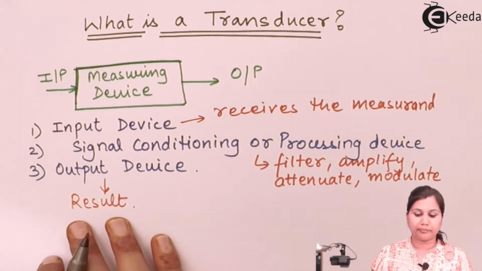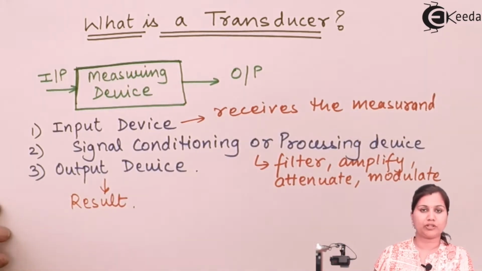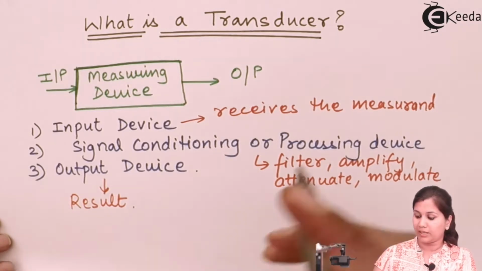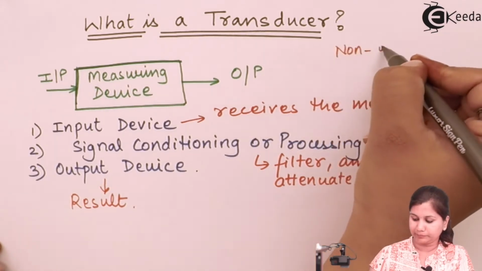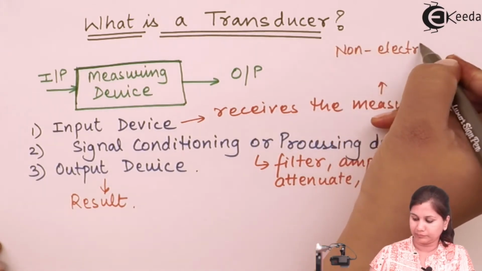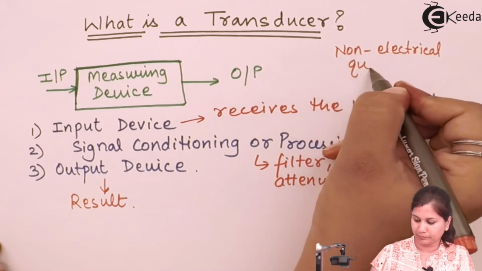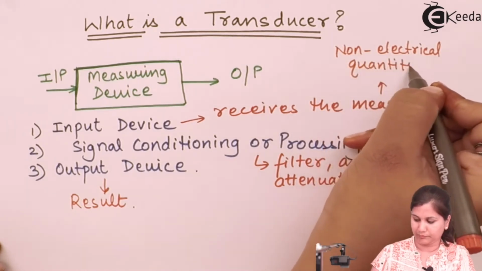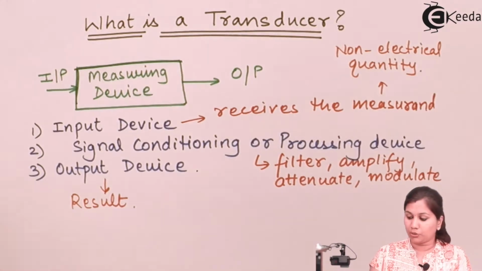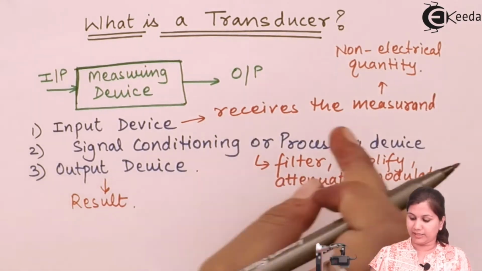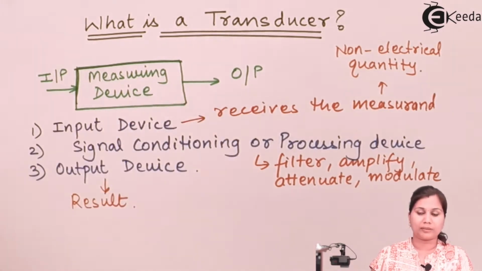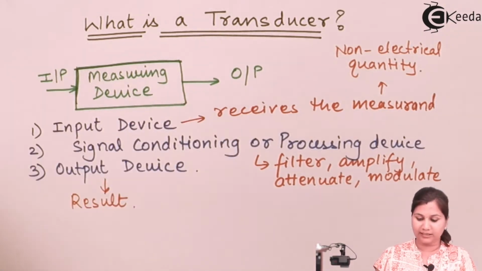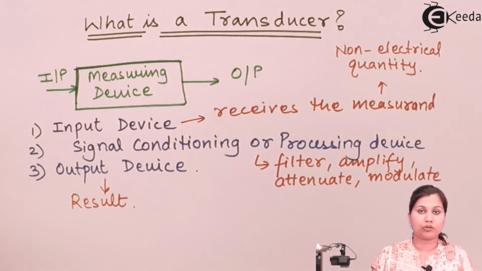In most measurement or instrumentation systems, the quantity being measured is a non-electrical quantity. Nowadays most of the methods and techniques use electrical signals.